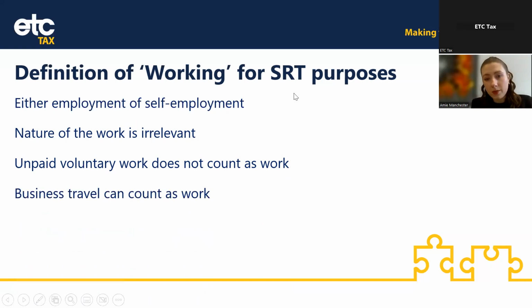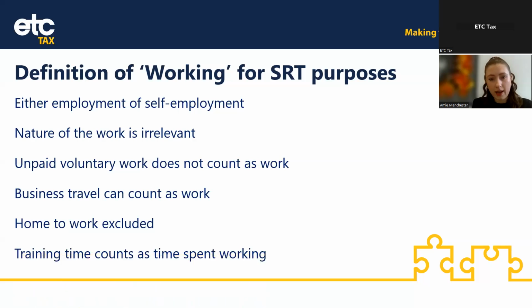Business travel can count as work. However, home to work is excluded. The only exception to this is if the individual is carrying out employment duties during the commute, for example, responding to emails on a laptop, then that time would count as work. And finally, training time will count as time spent working.